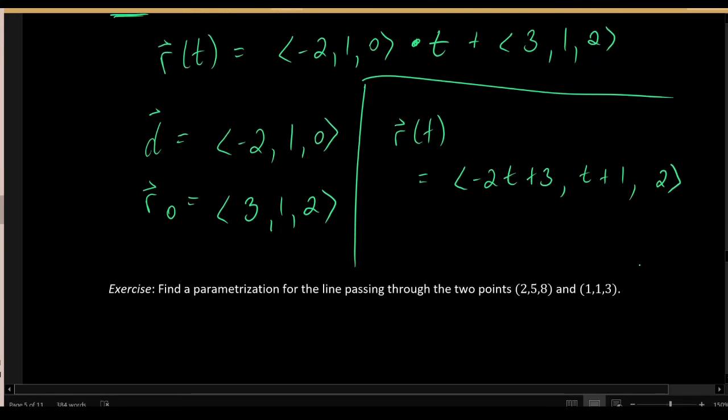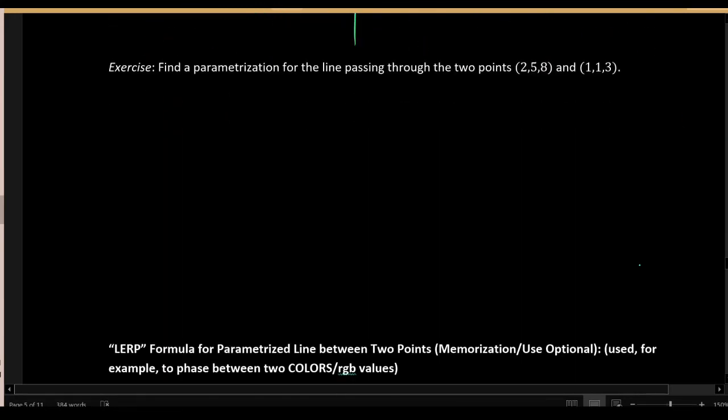Now, from time to time, you may not be given the direction vector for your line, and you may need to calculate it yourself. So, in this exercise, find a parameterization for the line passing through the 2 points 2, 5, 8 and 1, 1, 3.